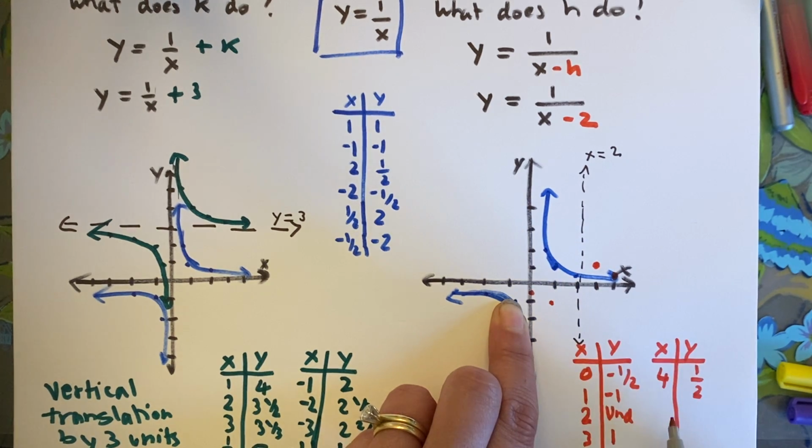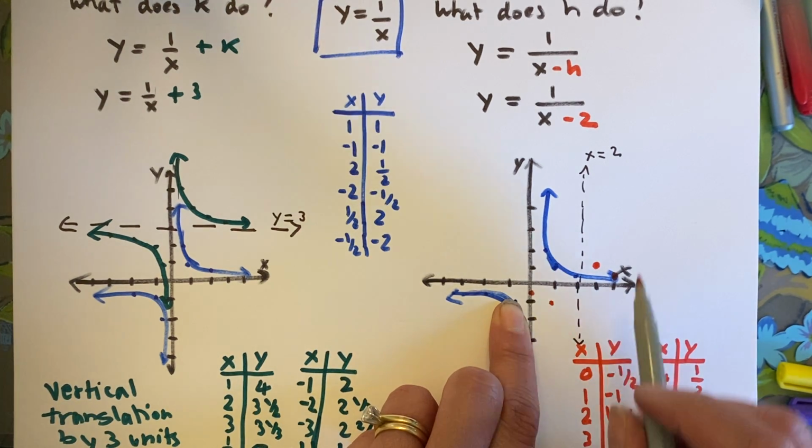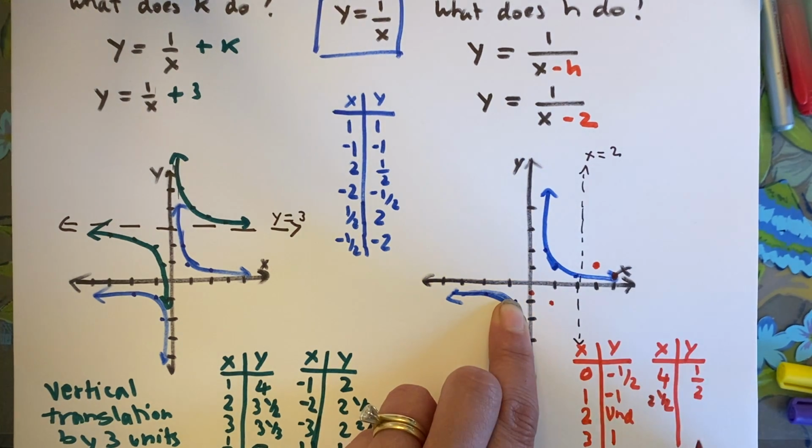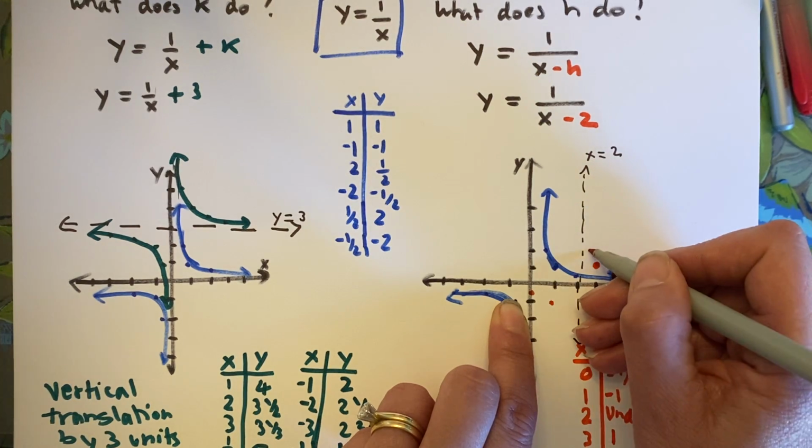And let me try an intermediate value. So 1, 2, let me try 2.5. If I try 2.5, 2.5 minus 2 is positive 1/2. 1 divided by 1/2 is 2. So if I put 2.5, I'm going to get 2.